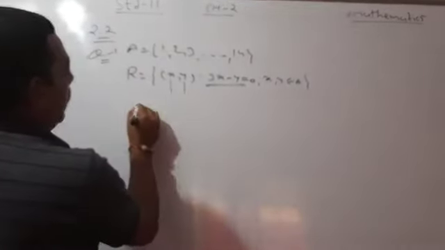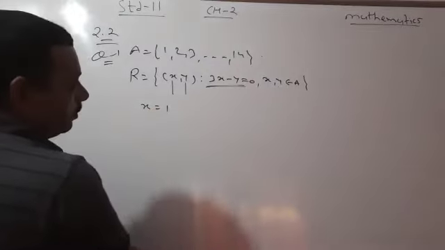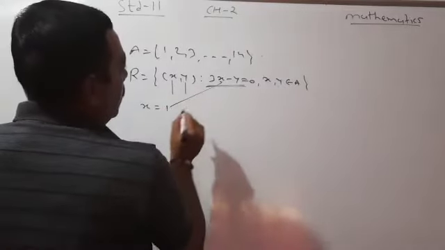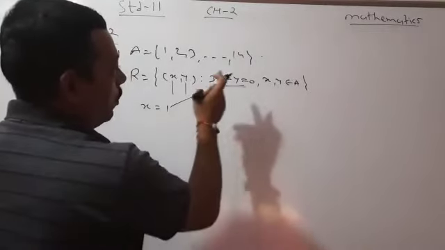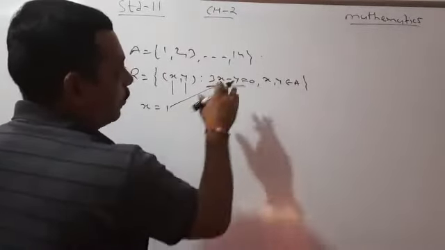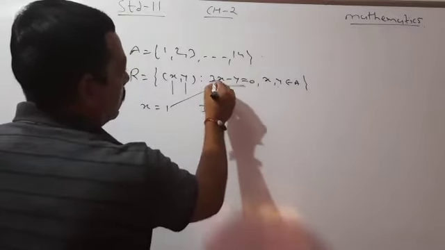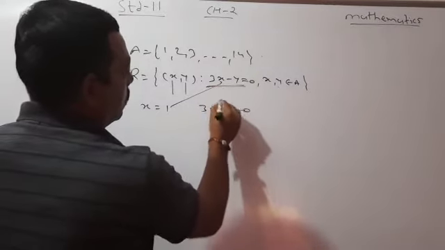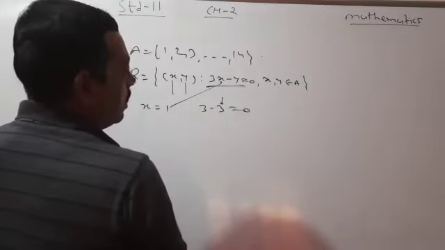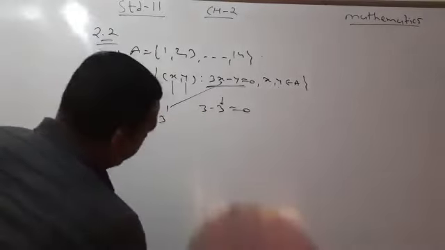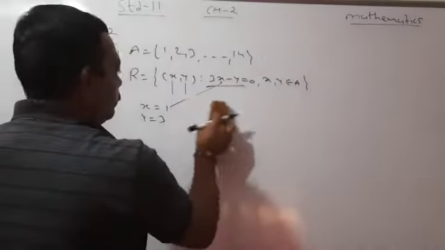Let it be x equal to 1. If I put x equal to 1, it becomes 3x. What should I consider for y? So we will get 0. Definitely 3 ones are 3, so 3 minus 3 is equal to 0. So y will be considered as 3. So when x is 1, y is 3.